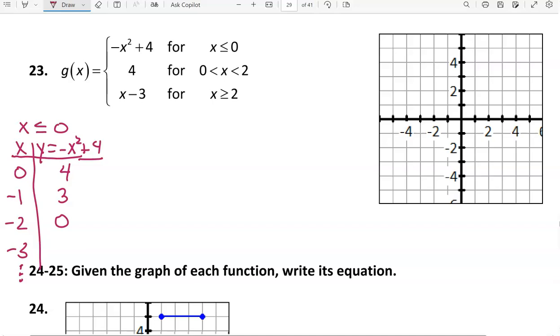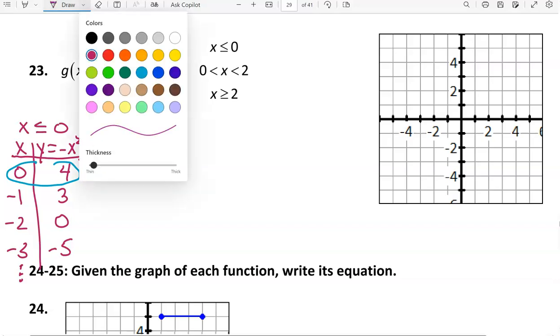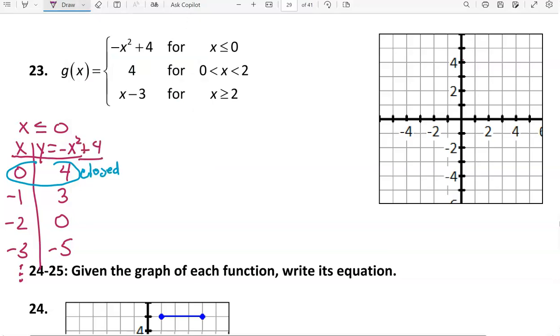The opposite of that is -9 plus 4 is -5. And that first point, the endpoint of the interval where x is equal to 0, is included in the interval, so we'll put a closed circle there. 0, 4, and then -1, 3, -2, 0, and -3, -5. And the graph continues leftward.